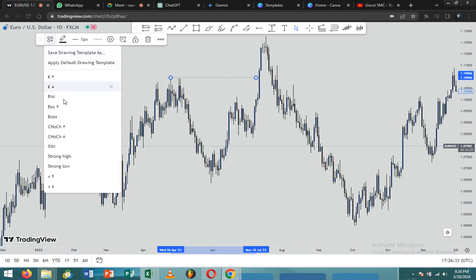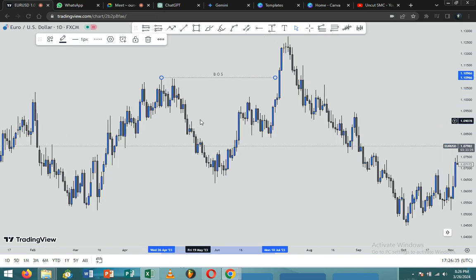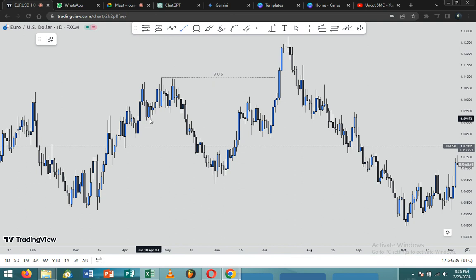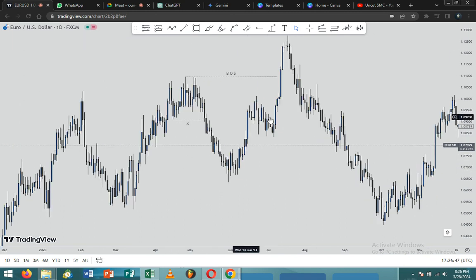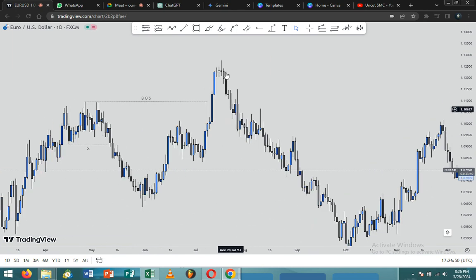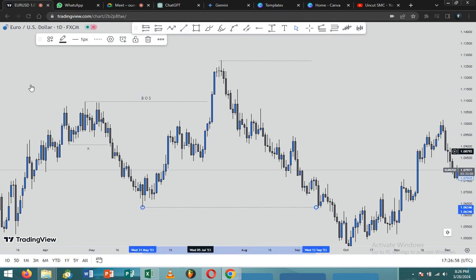All right, so with that BOS, we confirm that BOS after this inducement has been taken out. Of course, you see this is the inducement right down there. So with that inducement, then we expect price to be buying to take out this, but rather price created what we call a change of character.